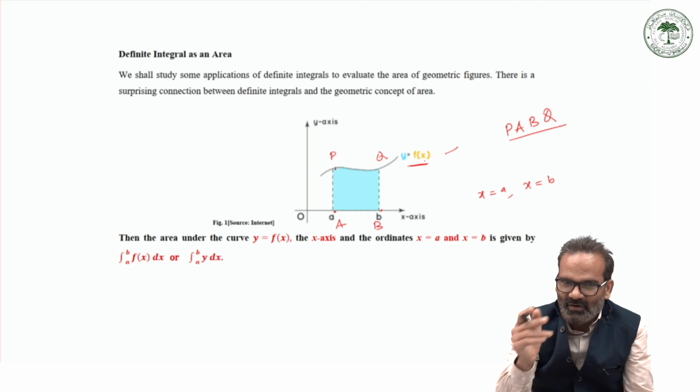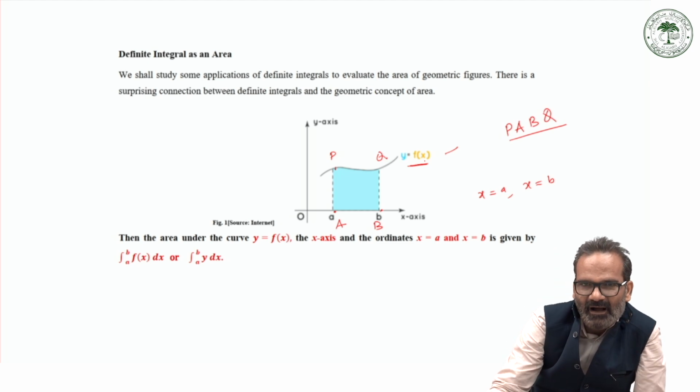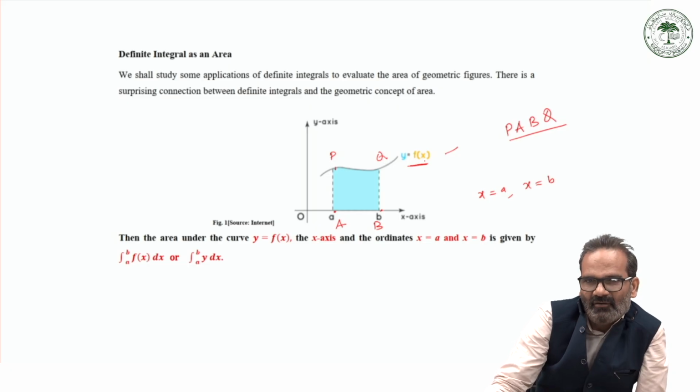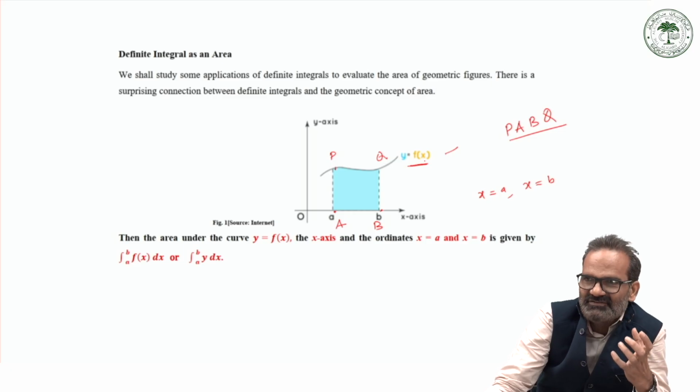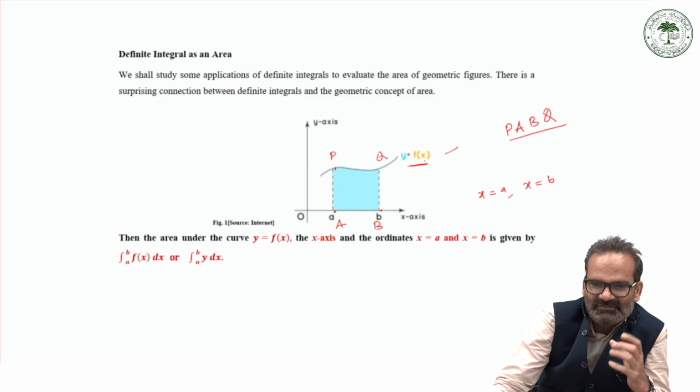Clear? So our objective is to determine the area of this figure ABQP, and this we can very easily achieve by using the techniques of the definite integral. A very simple formula is required to calculate the area of this figure.